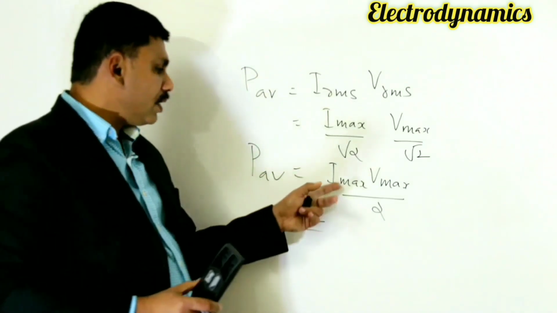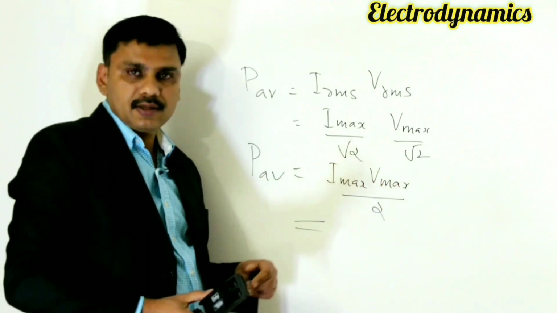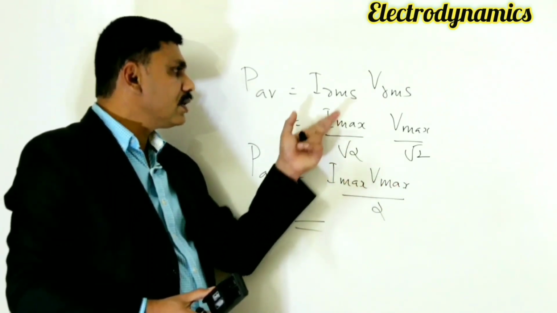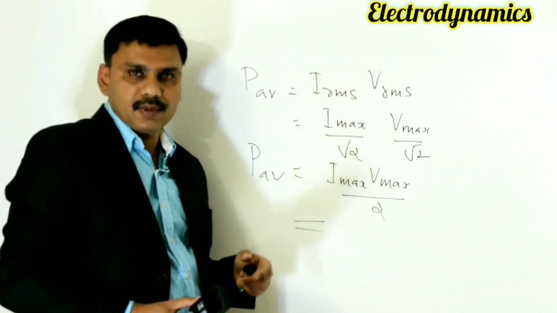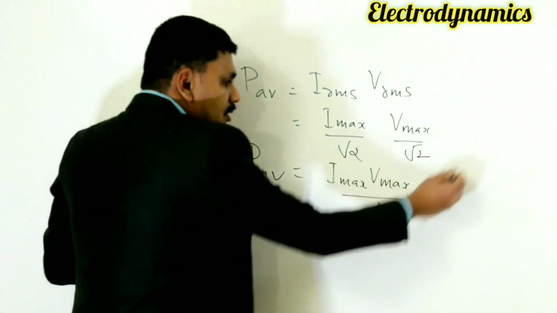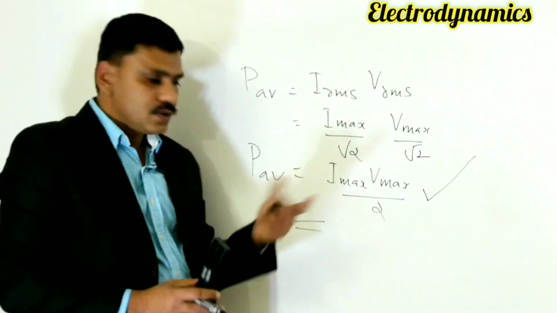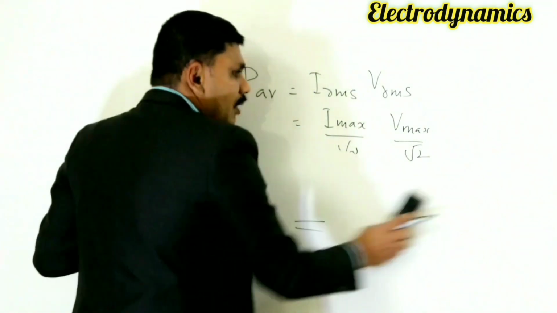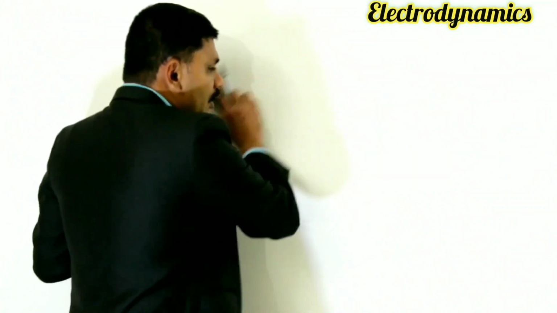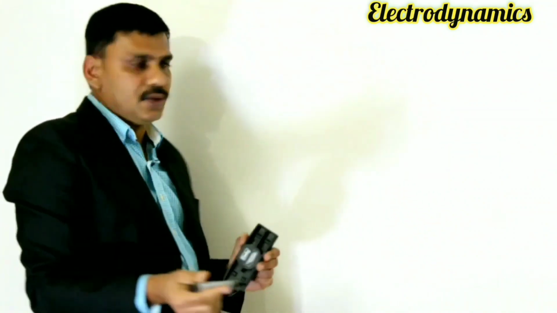If the values are given directly as Imax and Vmax, there is no need of converting into Irms and Vrms. You can use this equation directly. Depending upon the value given, you can use a different equation.